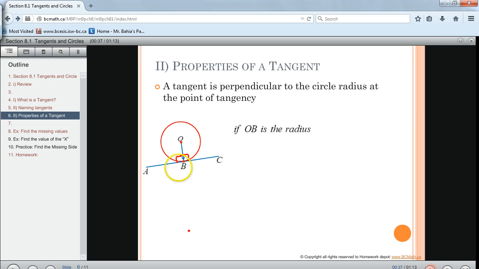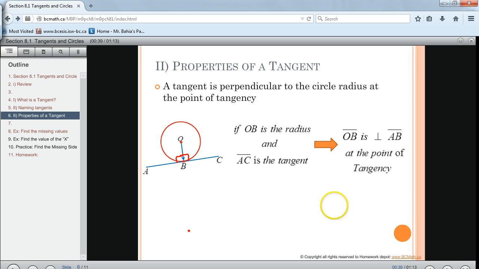So if OB is a radius, they always use O as the center of the circle, and AC is a tangent, then OB is perpendicular, right angles, to AB. Okay?